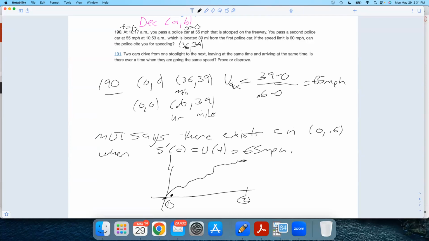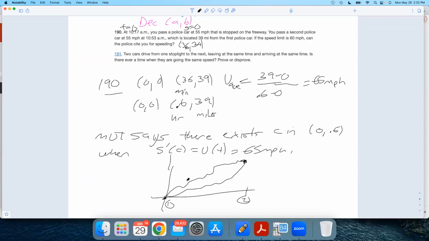In the same amount of time, car number two hits the stoplight at the exact same time. Both of these position functions must be continuous and differentiable. The mean value theorem applies. The question is, is there ever a time when they're going the same speed? Is there a moment when they're going exactly the same speed?